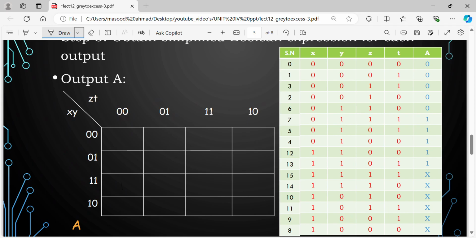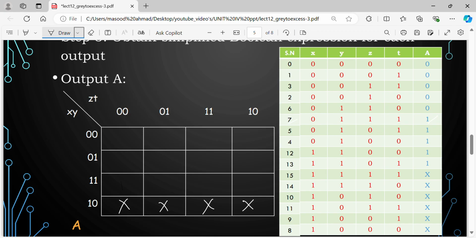If you look at the output here, it is 1 for 7, 5, 4, then 12, 13, and the rest of them are don't cares. So the don't care terms are 8, 9, 10, 11, then 14, 15.